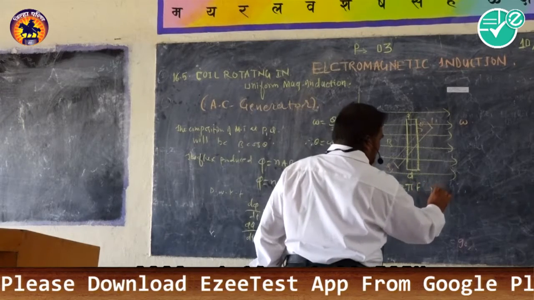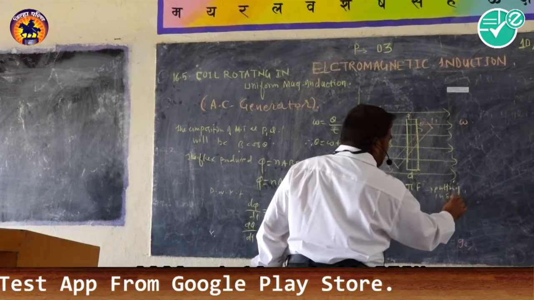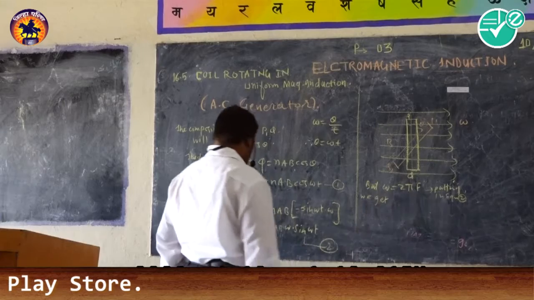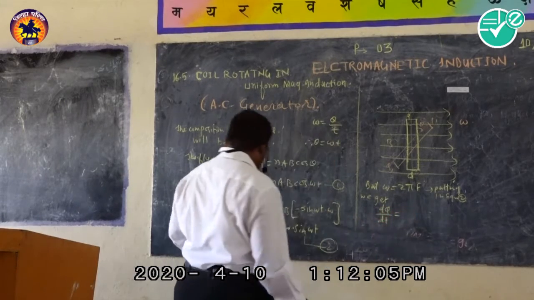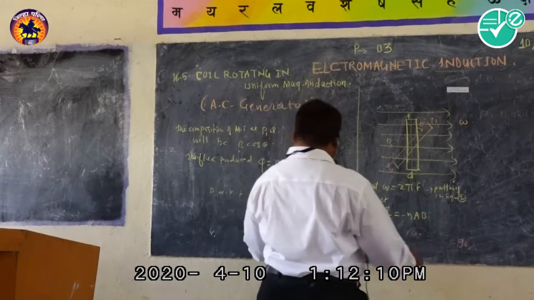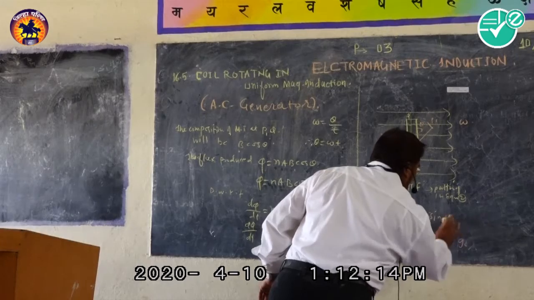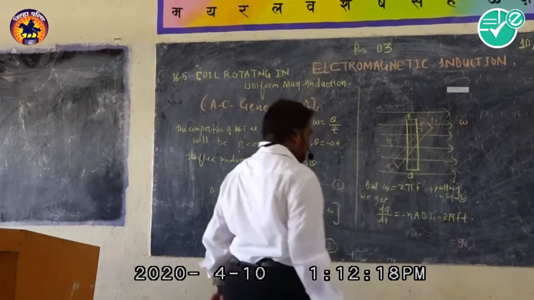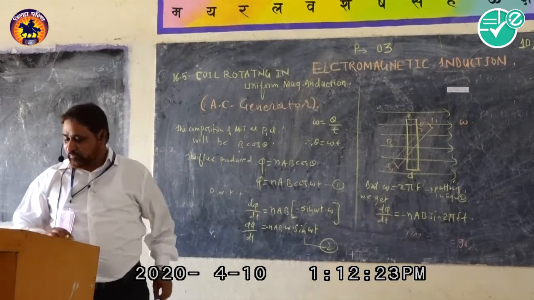Putting this in equation 2, we get d phi by dt is equal to minus NAB sine, and instead of omega we can write 2 pi f into t. In this way, the equation for flux becomes like this.